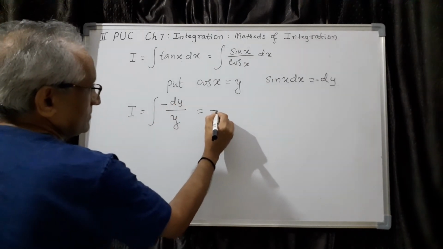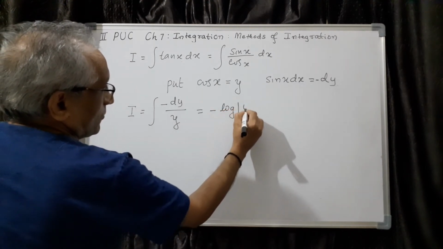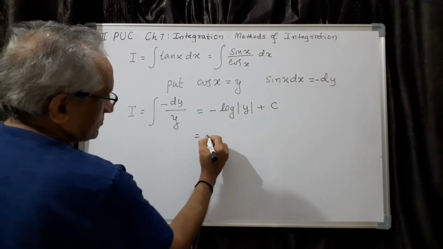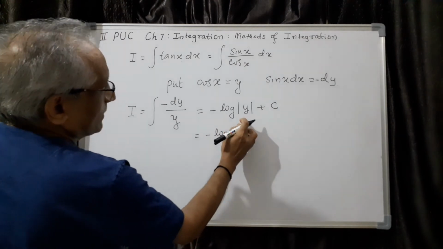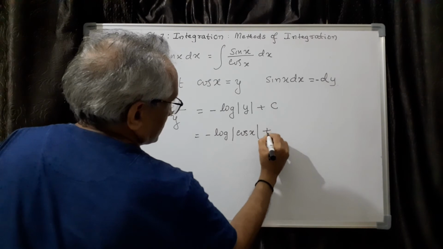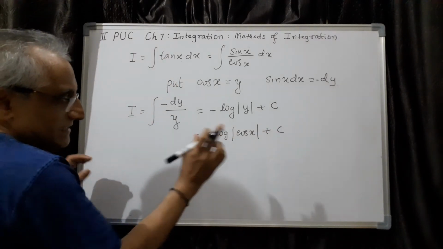Of course, minus you can take outside. Then log of mod y plus c. And this, of course, you have to substitute: minus log of, what is y? y is cos x. Therefore, it is minus log of cos x plus c. Since I don't want to have the minus sign here, I want to have a standard result.